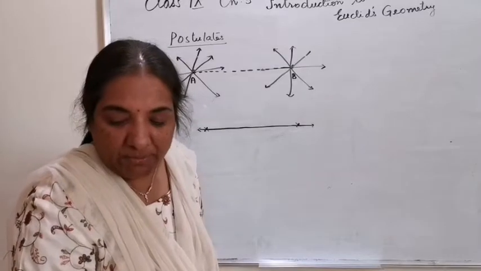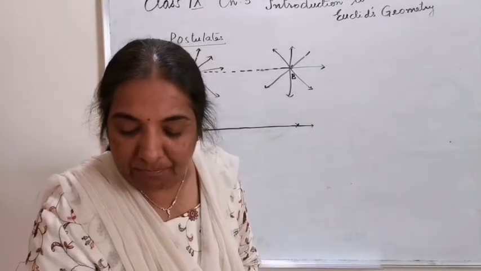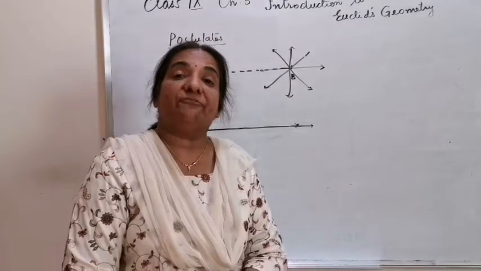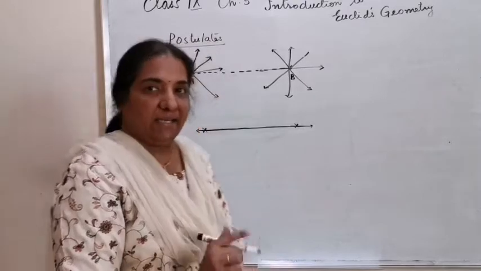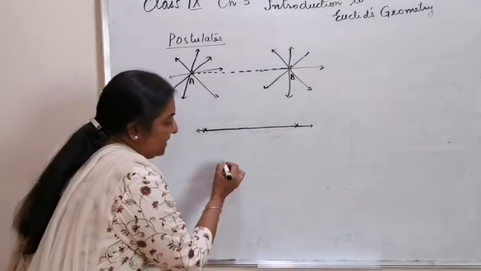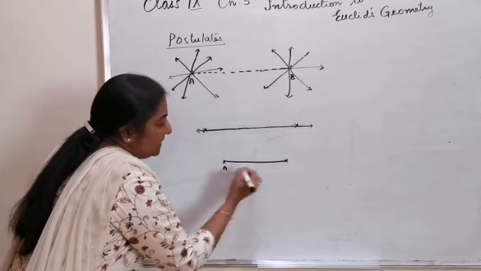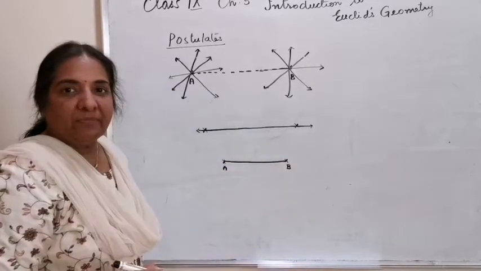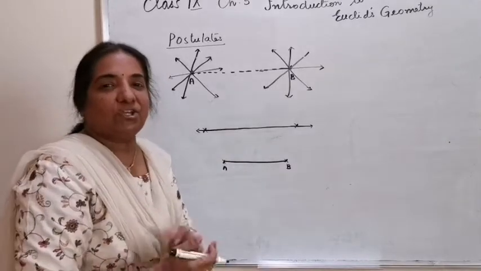The second one: a terminated line can be produced indefinitely. The meaning of a terminated line is that you have a line and it is stopped at 2 points A and B. This is the meaning of a terminated line, or in short, what we now call the line segment.